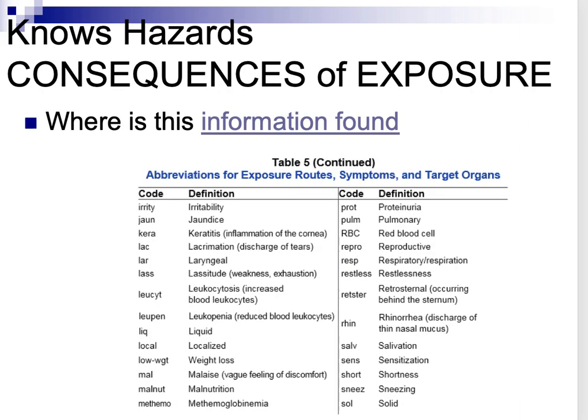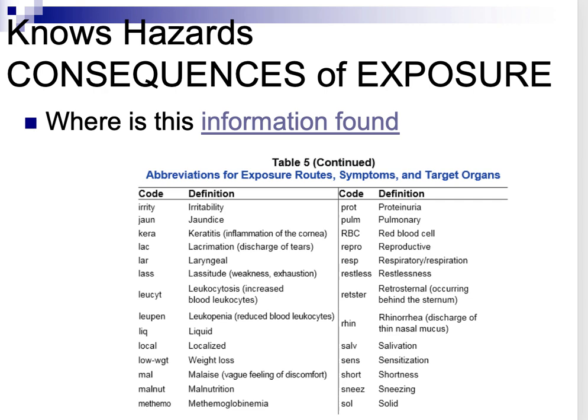And so when we're looking at knowing and understanding the hazards associated with a confined space, I want to bring you to one very important reference guide that we use in occupational safety and health, and it's called the NIOSH Pocket Guide. And it allows us to look up information on different types of chemicals that we find in the workplace.